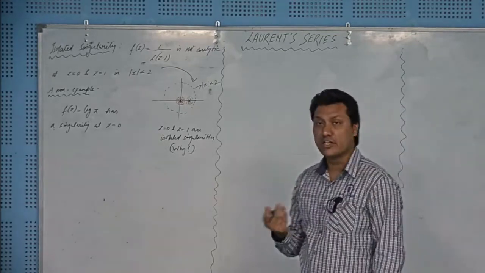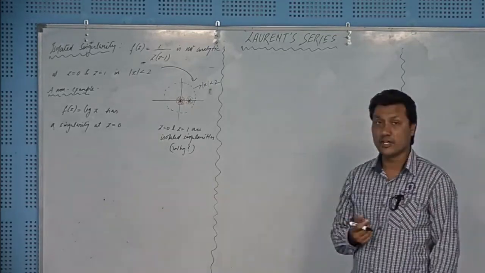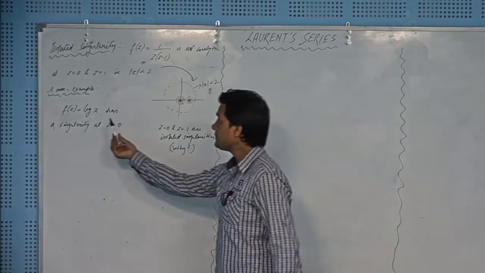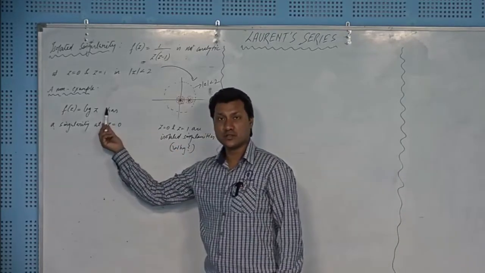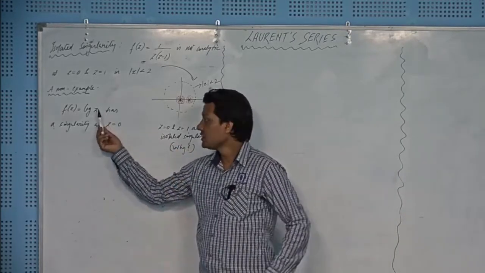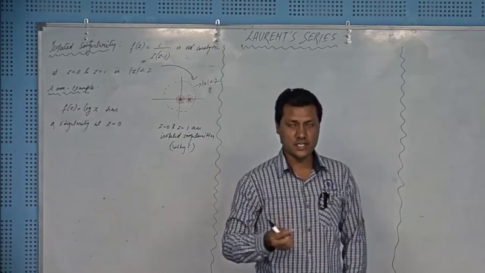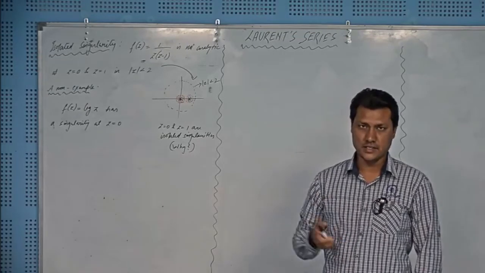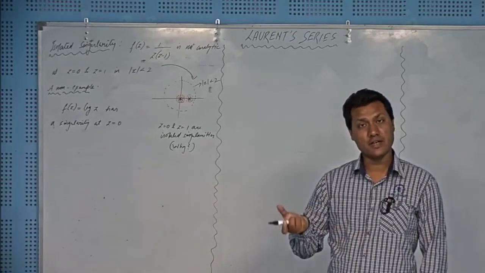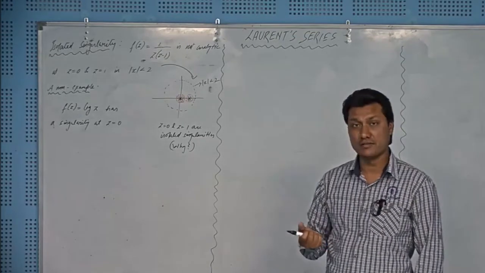Actually, log z is a multi-valued function, and why are we calling it multi-valued? Because if you put z equal to r times e to the power iota theta to convert this function into polar form, then you will get log r plus log of e to the power iota theta, and ultimately we will have log r plus iota theta. And due to that theta factor, the function becomes multi-valued. Why?